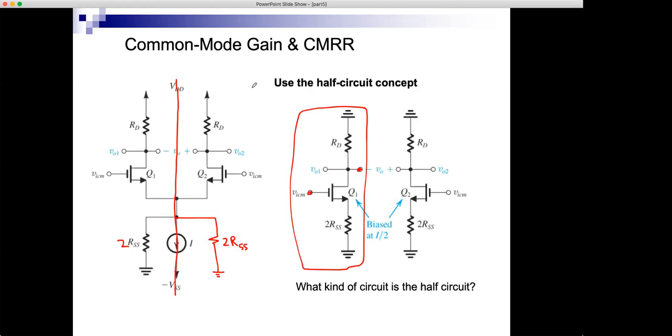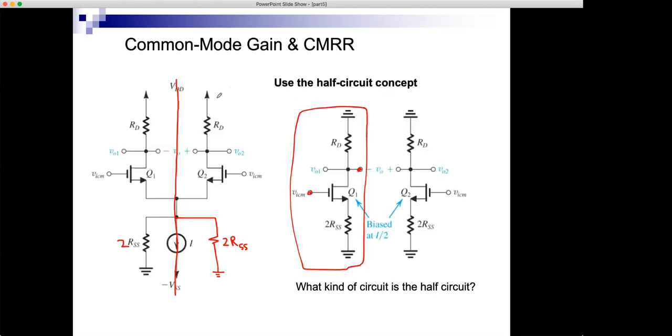And this is surprising, or less surprising, because we said that if the two inputs are equal, I should not see any output. So what just happened? Why are we seeing an output now? This is a signal, and it's equal to the input signal times this.